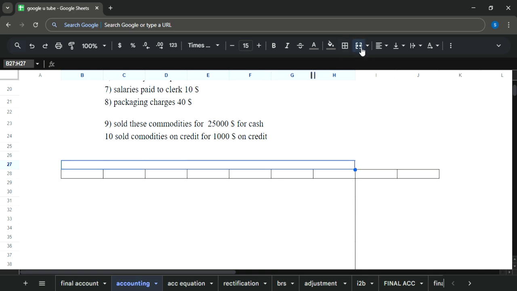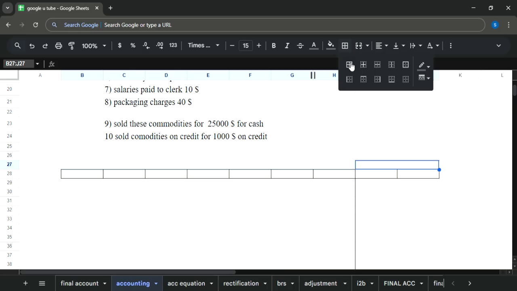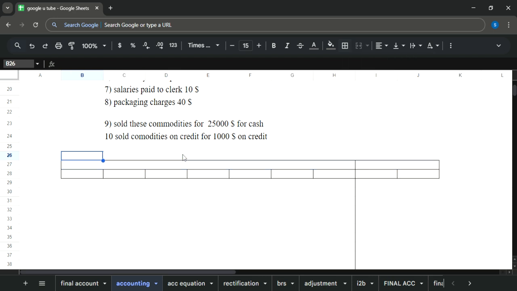For beginners, this is the very first element and factor where you will record these transactions. I am sure that you people are greatly understanding how we will record these transactions. Right now, I am just letting you know how to make the proforma for the first book where we will record these transactions.